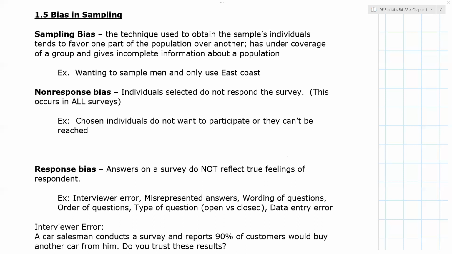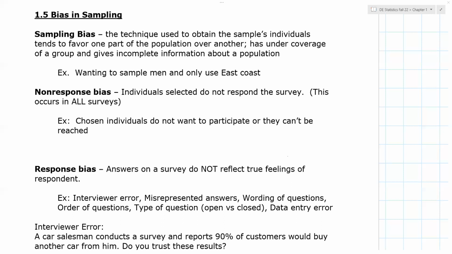The first one is sampling bias. And this is a fairly easy one to overcome. This is simply when you're going from your population to create your sample, you have excluded a significant portion of that population. So the example here is you're wanting to get information about all of men, but you only choose men on the East Coast.